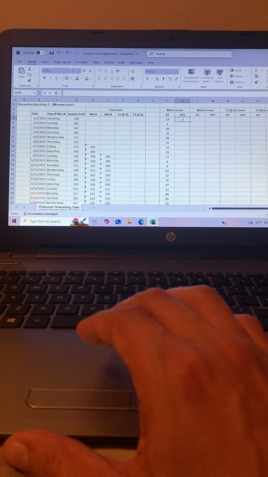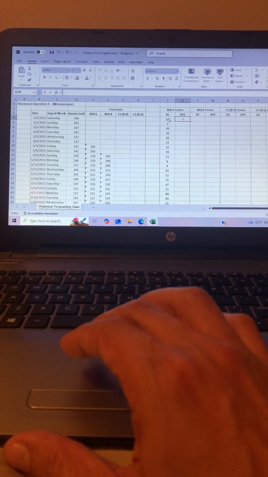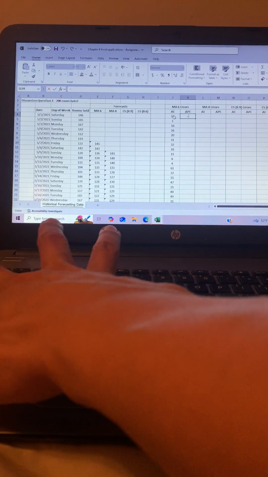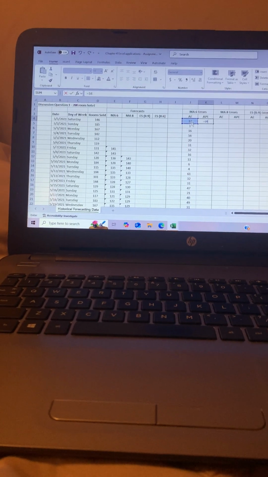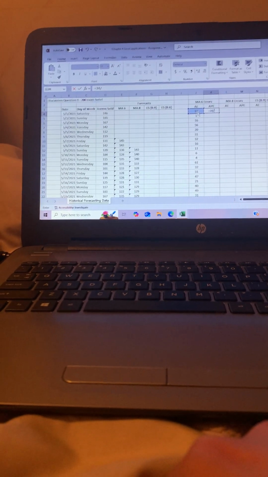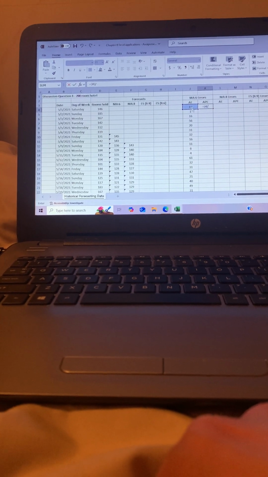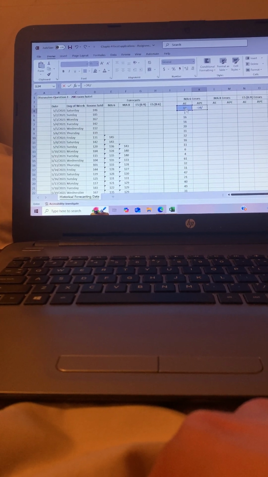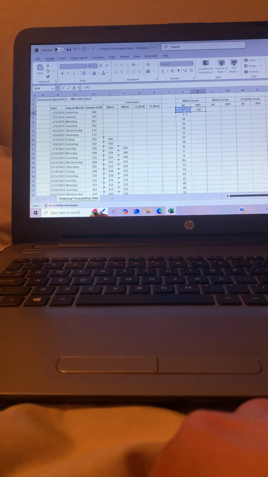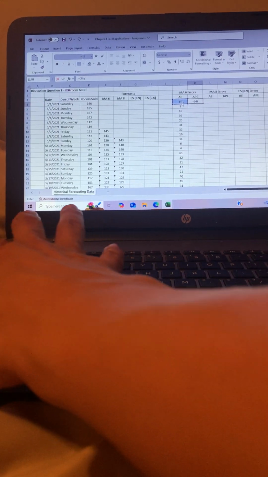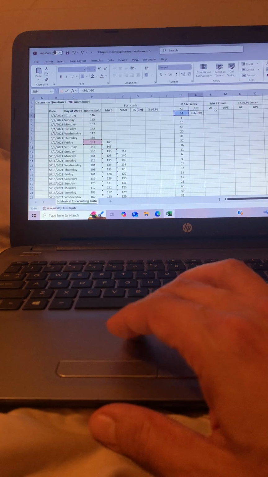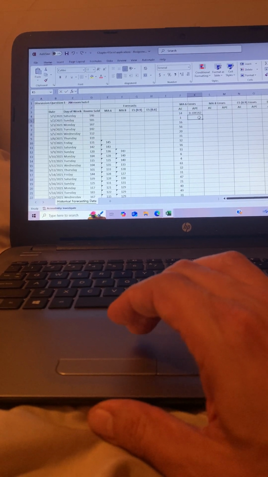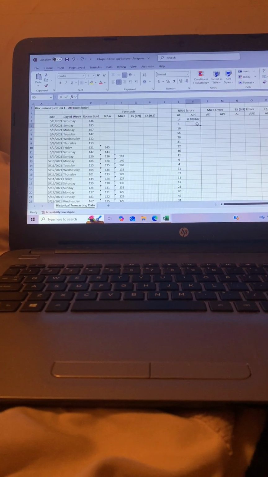This one is J4 divided by our 131, which is D10. And that should be our calculated number.